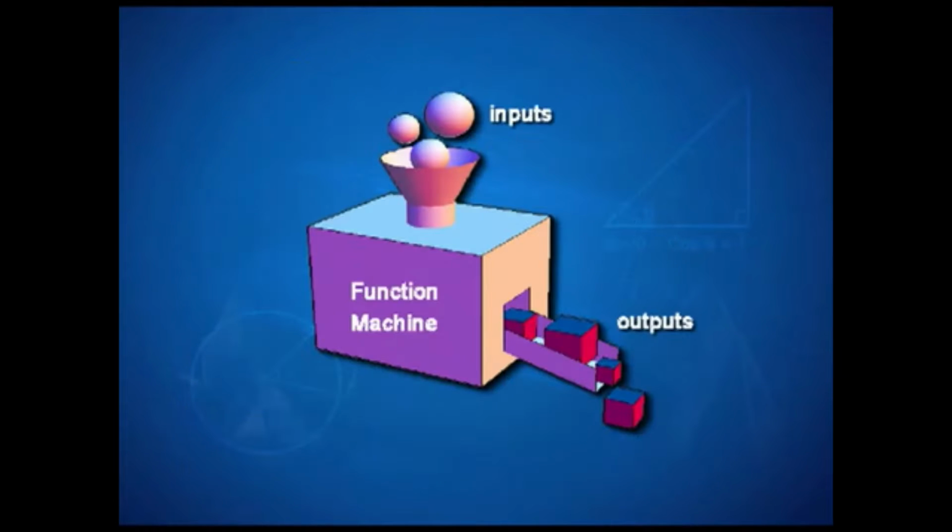function. We also use the metaphor of a function machine to understand this abstract concept, which is so basic and important as we progress further in maths, especially when it comes to calculus. Functions is a very, very important basic concept.